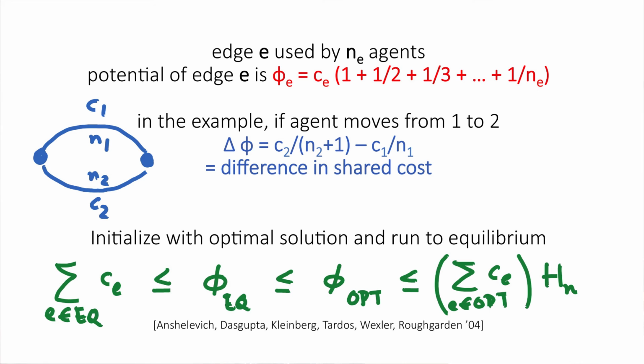On the top edge, the potential decreases by C1 over N1, because the last term in that harmonic sum goes away. One agent has left the top edge. Simultaneously, on the bottom edge, one additional term gets added at the end of this potential expression. Okay. In this case, this additional term is C2 over N2 plus 1.